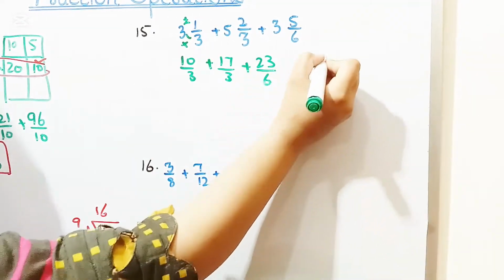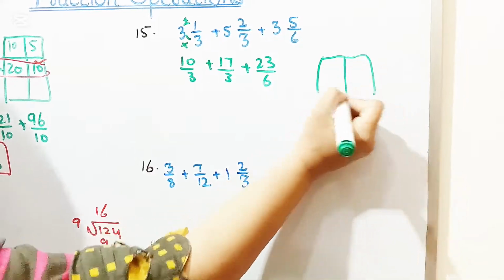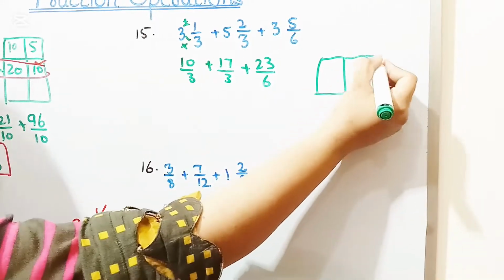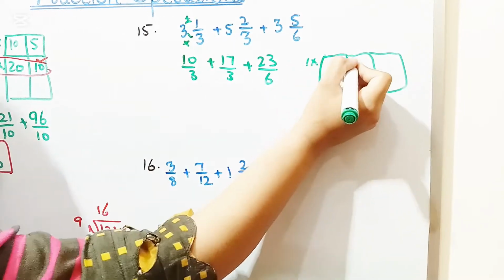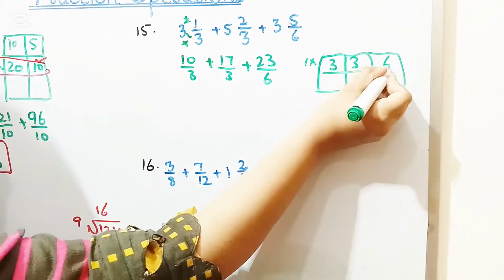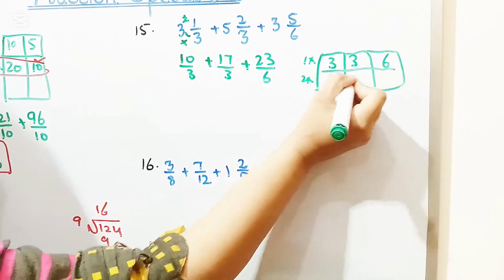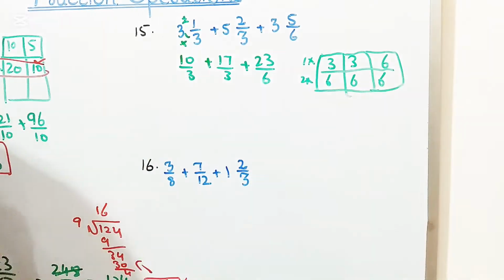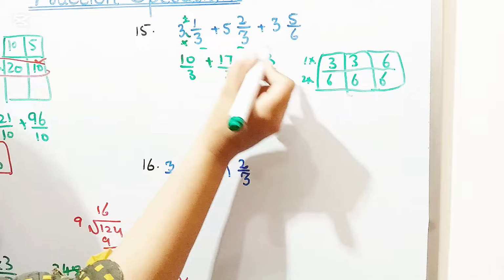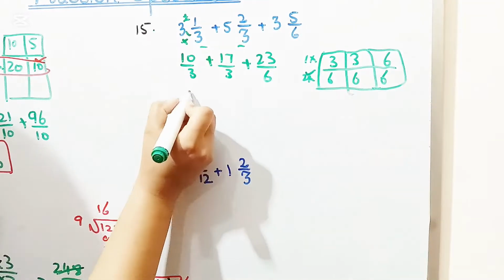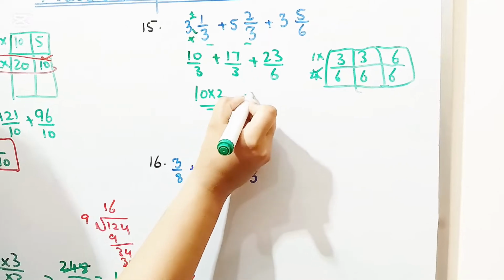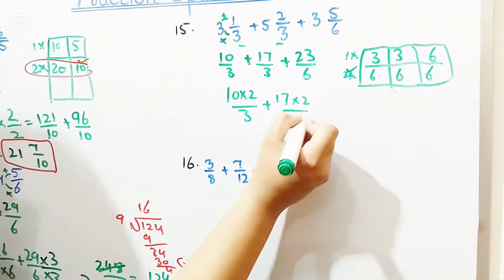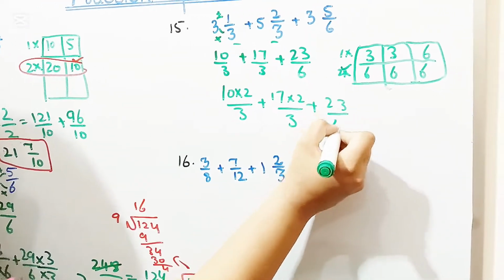Now you know that there is the same multiplication table. 3 2s are 6, meaning we multiply 3 to the 2 number and 6 as it is. 10 multiplied by 2 divided by 6 plus 17 multiplied by 2 divided by 6 plus 23 divided by 6.